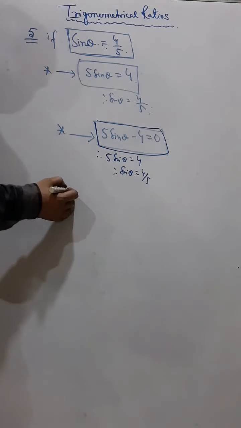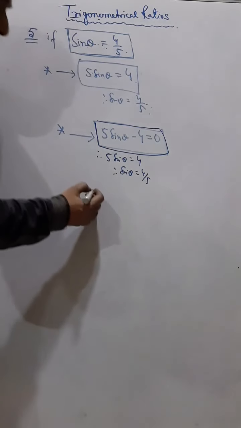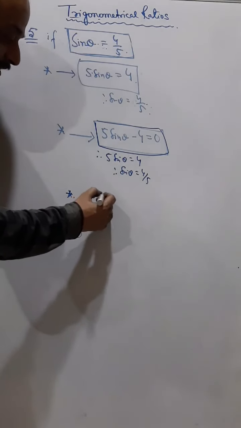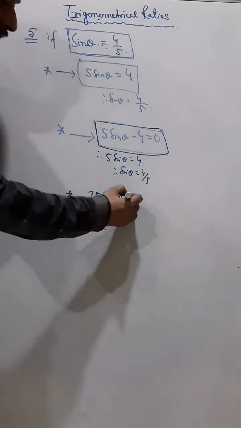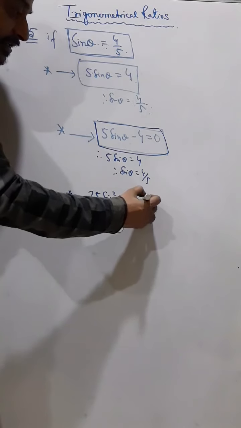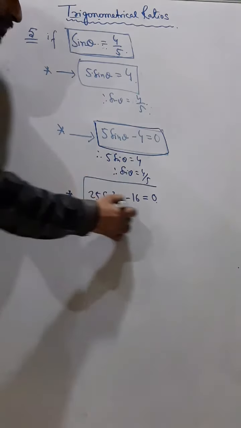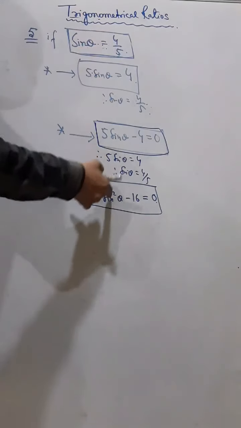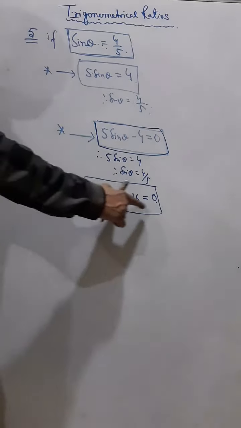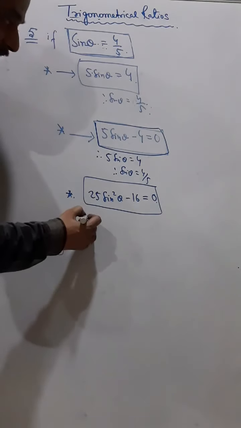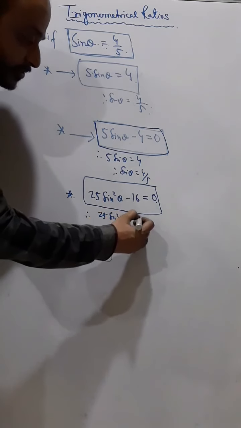Again, instead of giving it this way, they can also give you 25 sin square theta minus 16 is equal to 0. Again, all these are the same heading, only they are giving it in a different format. If they give it in this way, I can say 25 sin square theta is equal to 16.